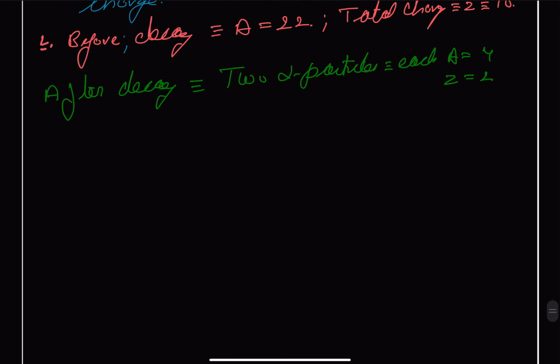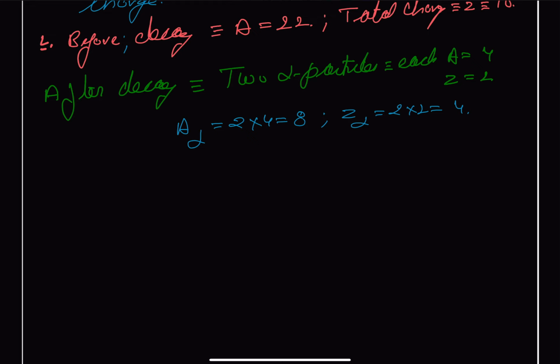So based on this, our total A for the alpha particles will be 2 into 4, that is 8, and our Z total will be 2 into 2 is equal to 4.